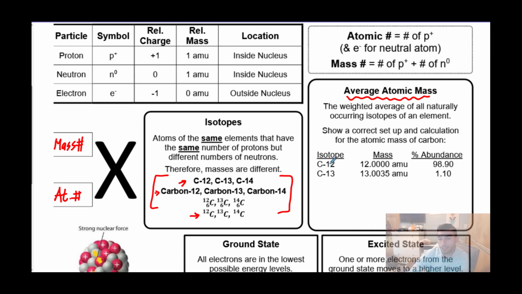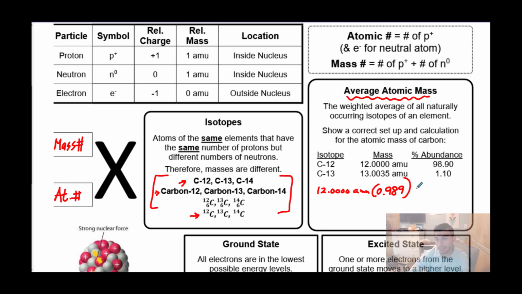So let's take the two most abundant isotopes of carbon, carbon 12 and carbon 13. Carbon 12 has a mass of this many AMU and an abundance of 98.9, where carbon 13 has a mass of this many AMU and an abundance of 1.10. So if we want to calculate the average atomic mass, we take the mass of the specific isotope and we multiply it by the percent abundance, right?